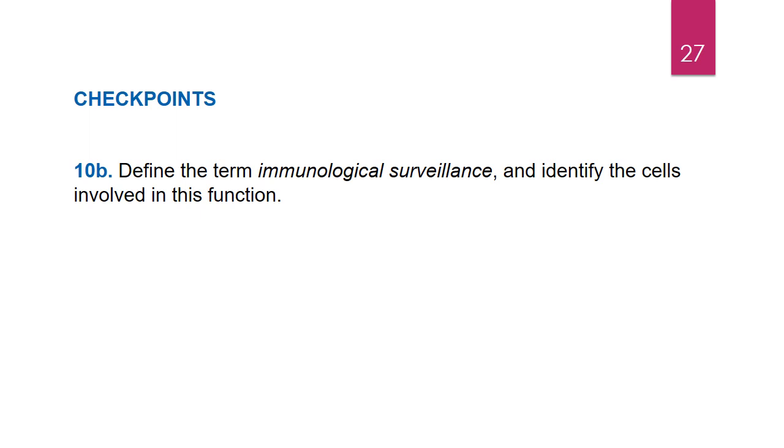This is called immunological surveillance, proposed in the 1970s. The cells taking part in this immunological surveillance are non-cytotoxic helper cells and natural killer cells.